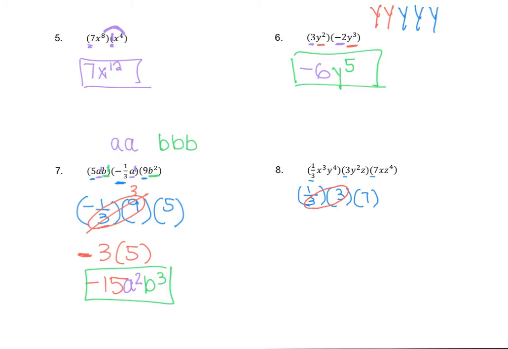Because look, there's my numbers that match up. So when my numbers match up, they knock out. So the 3's match up, they knock out, and it leaves me with just the 1. And the 1 times the 7 gives me just 7.